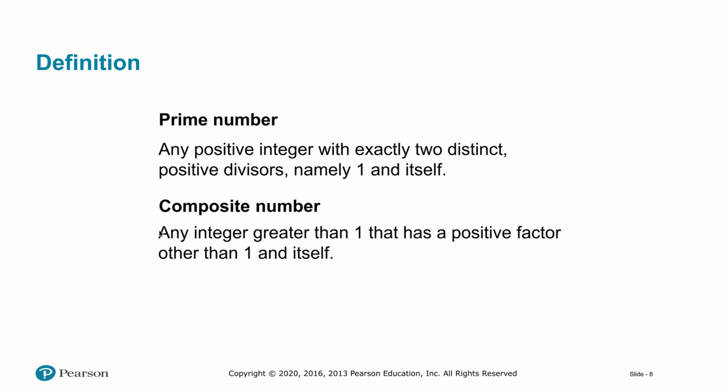A composite number is basically any natural number or positive integer greater than 1 that has a positive factor other than 1 and itself. Notice it's kind of moot to say positive in the second part, because when we say greater than 1, it's obviously going to be positive. So we've seen that the majority of numbers generally fall into the composite category, and we know that they're all going to have more than two distinct factors.